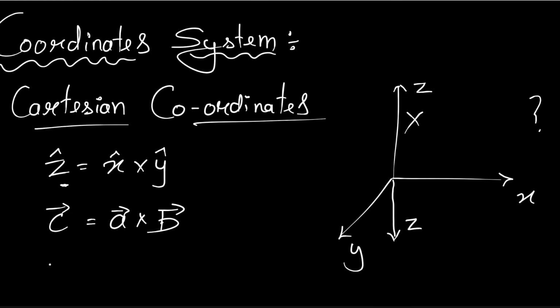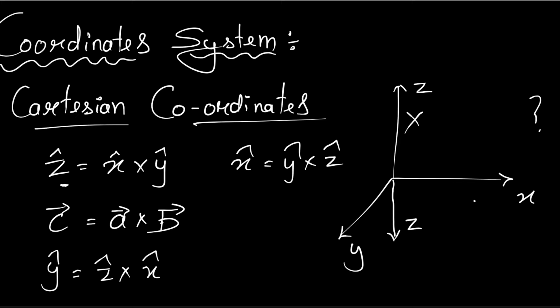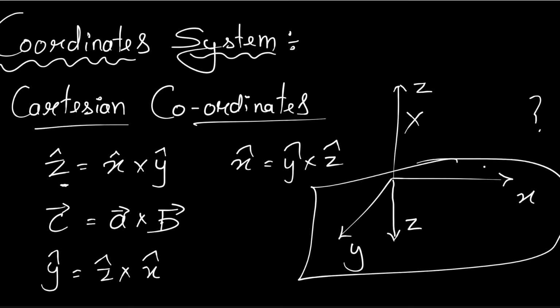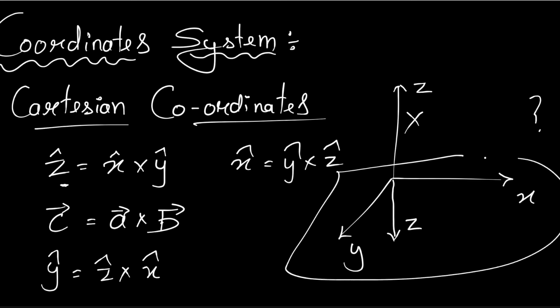And similarly, you can check it for the other axes. Y cap is equal to Z cap cross X cap, and these are the three rules that should be followed. And similarly, X cap is the Y cap cross Z cap. You can check it out. The direction for this coordinate system is correct.